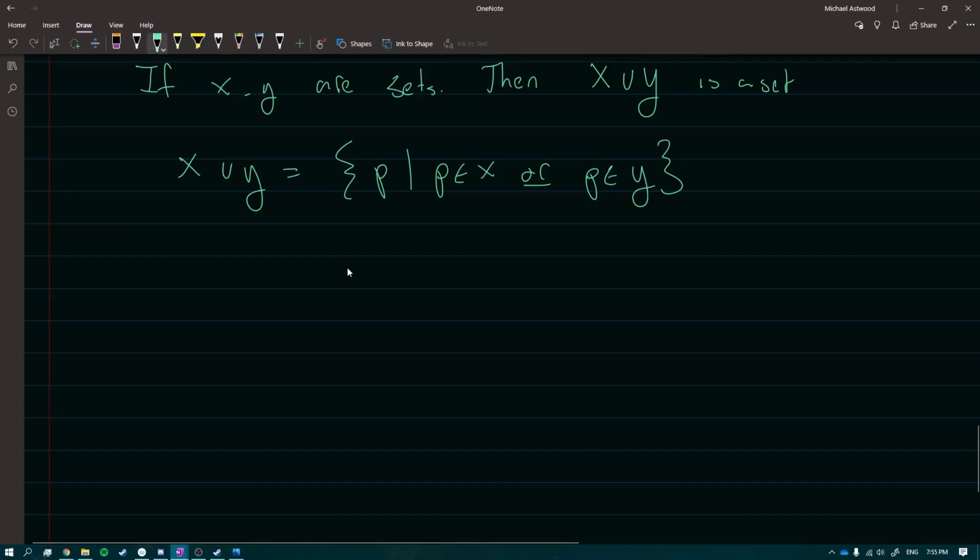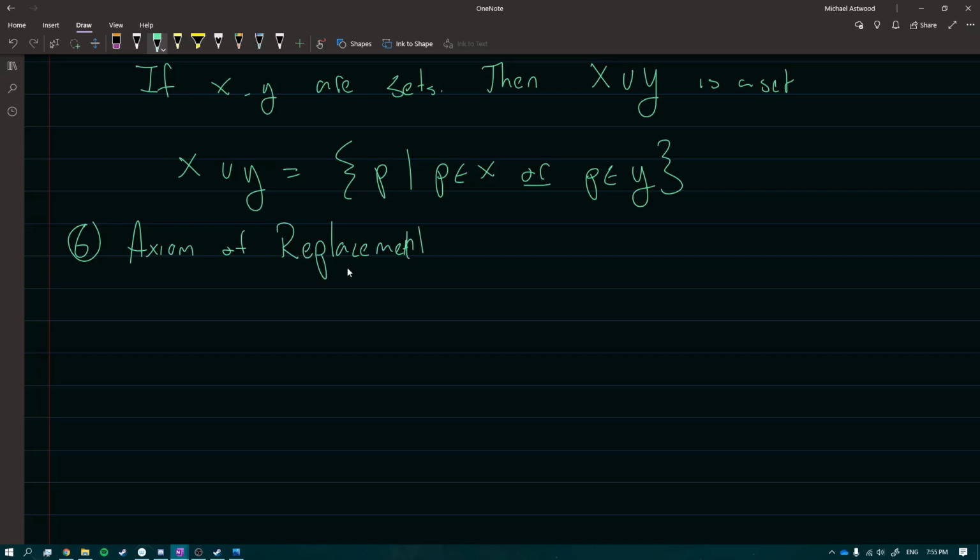Okay, another axiom that's useful is called the axiom of replacement. This basically says that if x is some set containing some elements, x1 through xn, then we can always relabel the elements of the set.